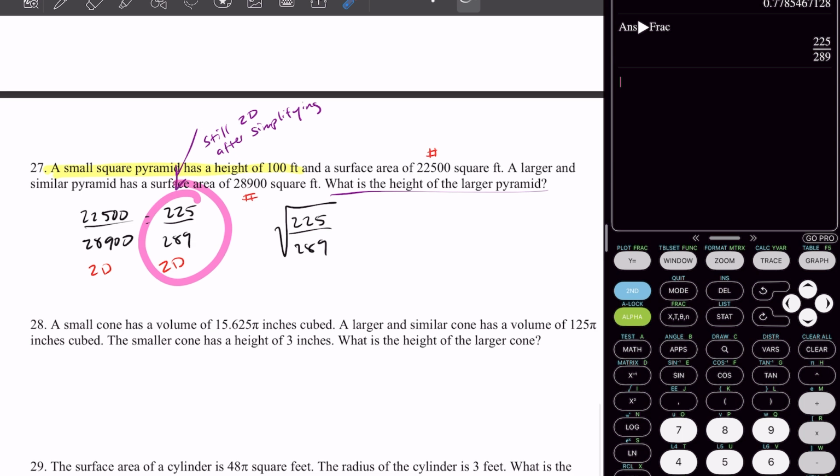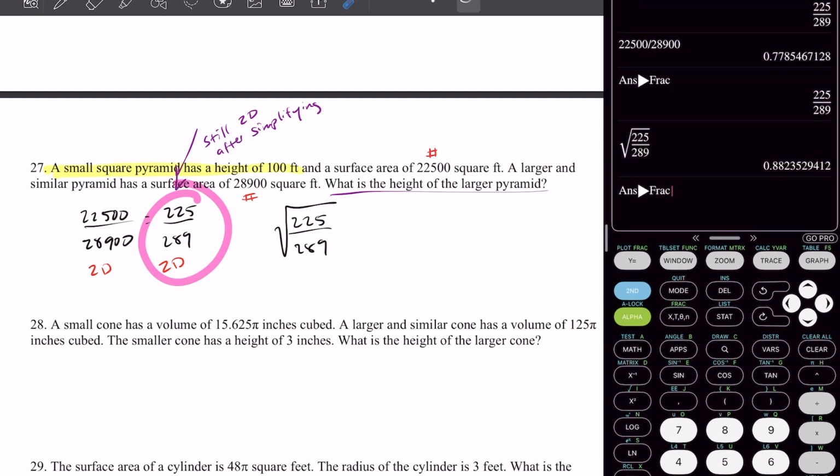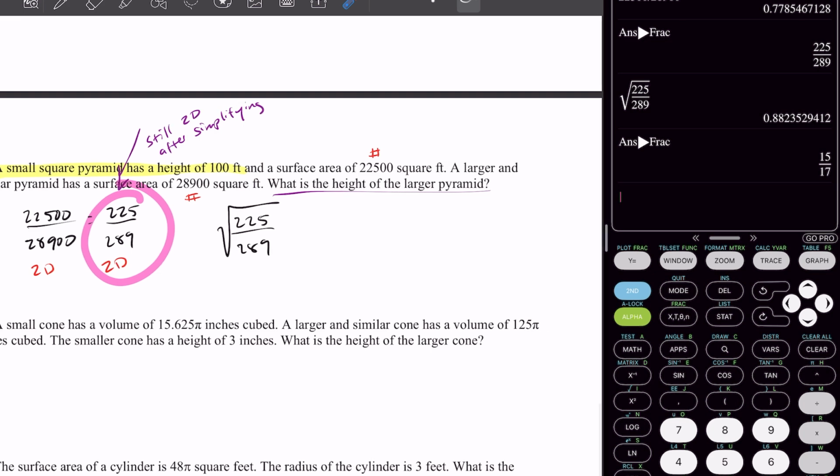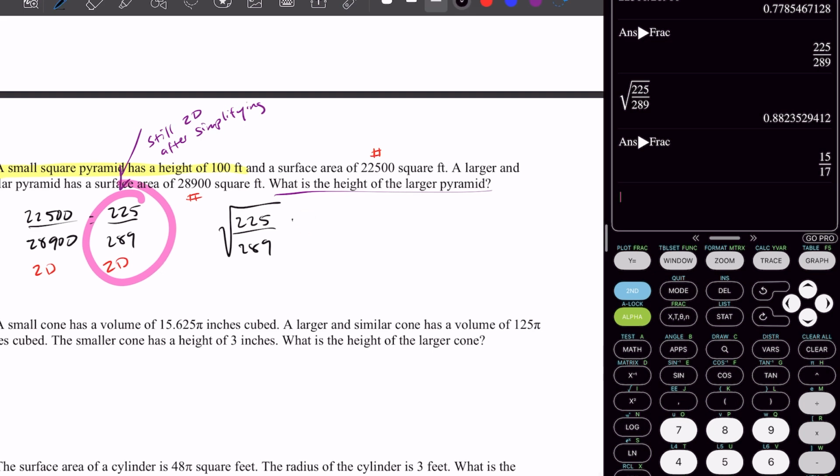So press second, x squared, and bring that ratio under the radical, then math enter. So I have 15 over 17. So now this becomes my one-dimensional ratio, aka my scale ratio.